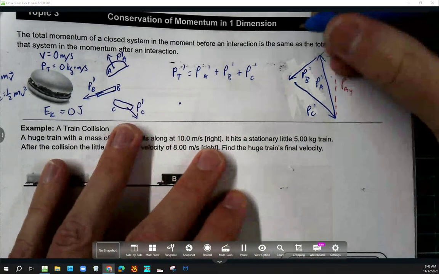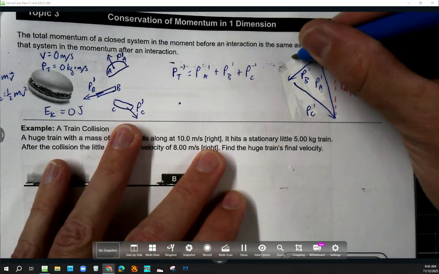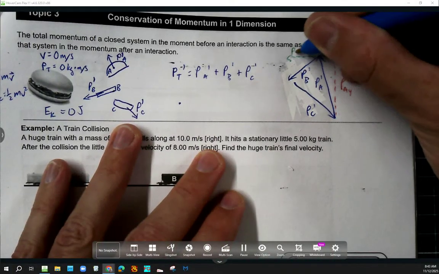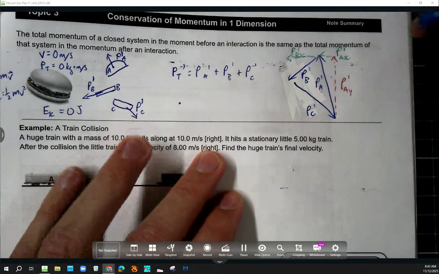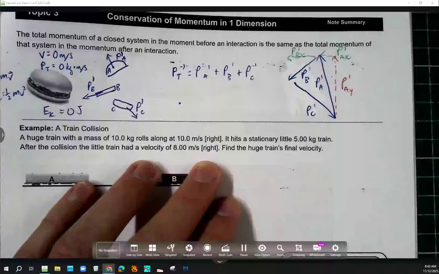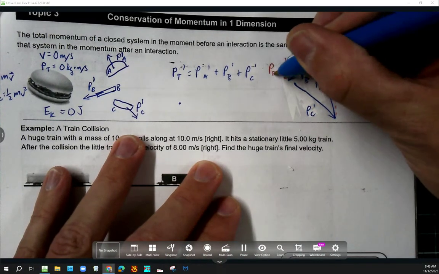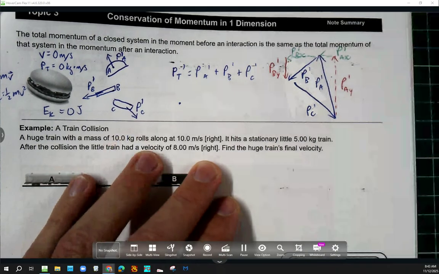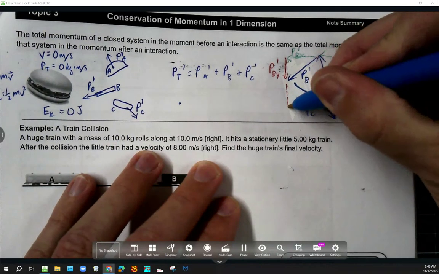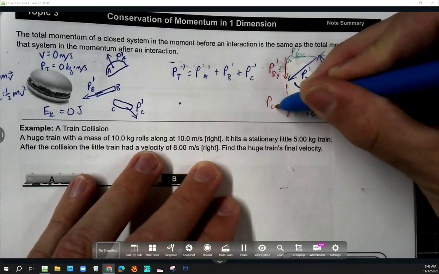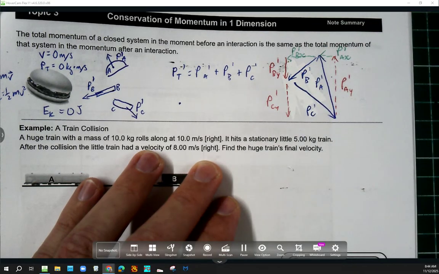I got PBX primed. I have PBY primed. And then same for the C. PCY primed and PCX primed.